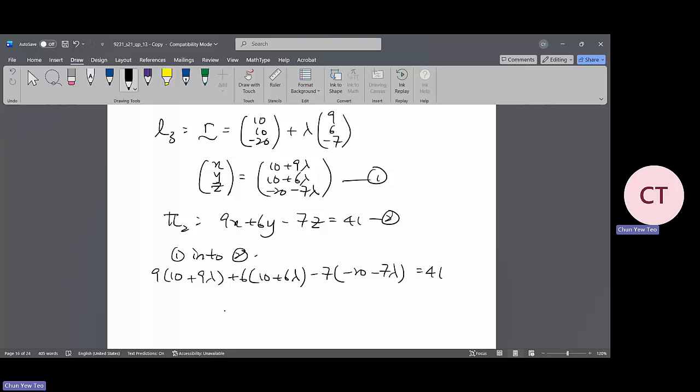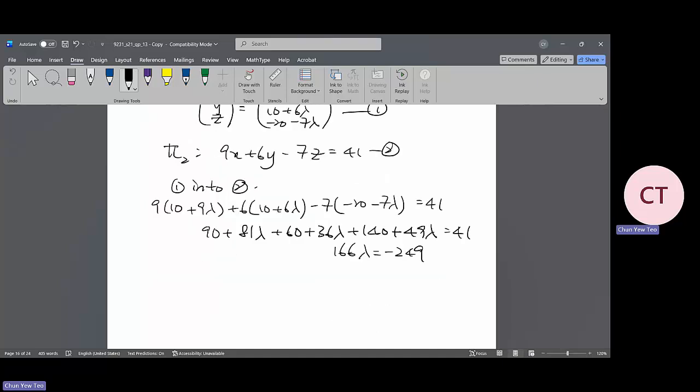Expand, press the calculator, you get 90 plus 81 lambda plus 60 plus 36 lambda plus 140 plus 49 lambda equal to 41. Then at the end you get 166 lambda equal to -249.